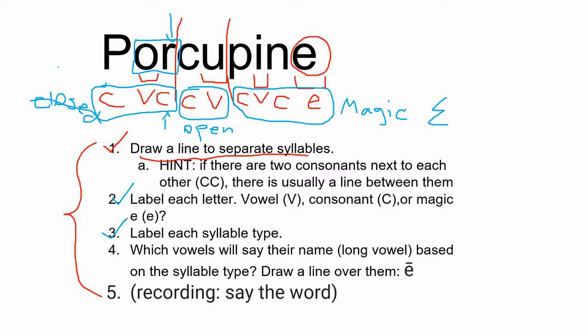Or. That's a totally different sound. So that's R controlled syllable. R controlled. That's R controlled.